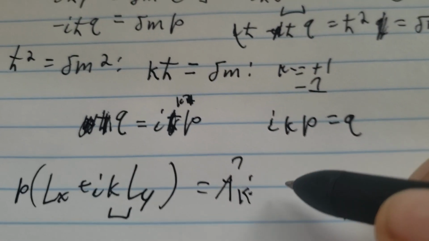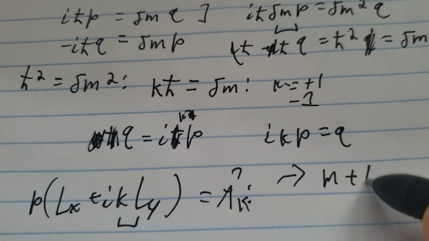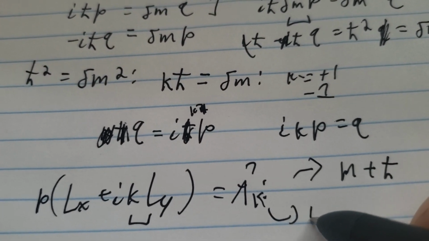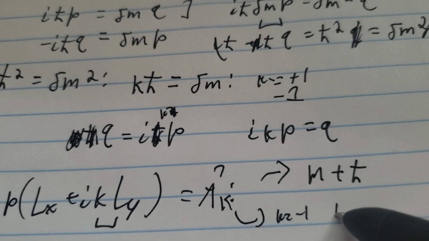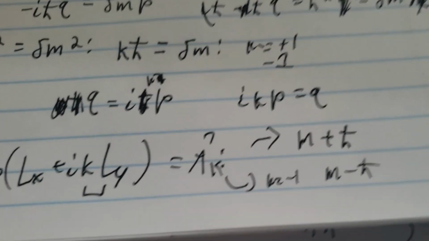If k equals plus 1, our eigenstate is raised by an amount h bar, and if k equals negative 1, our eigenstate is lowered by an amount h bar. So let's see how this changes our L squared eigenvalue.